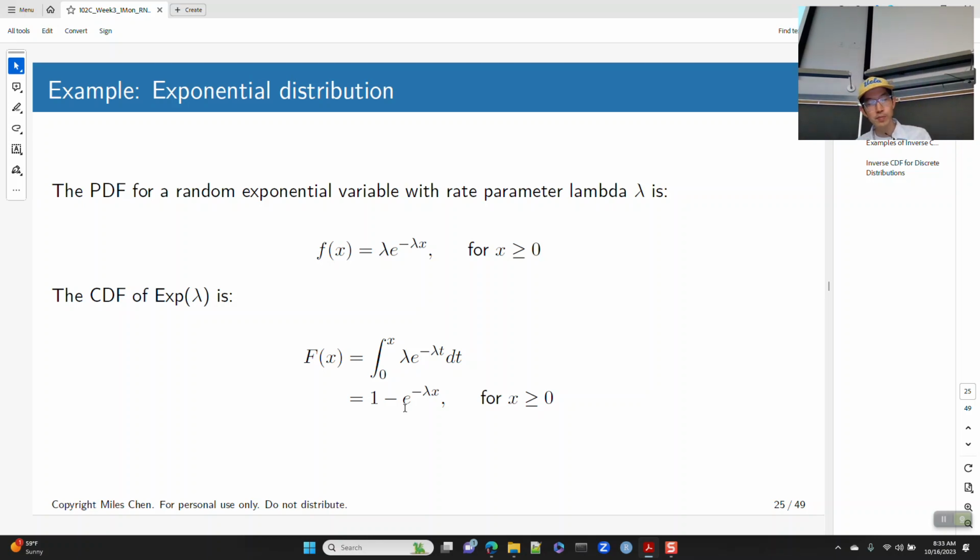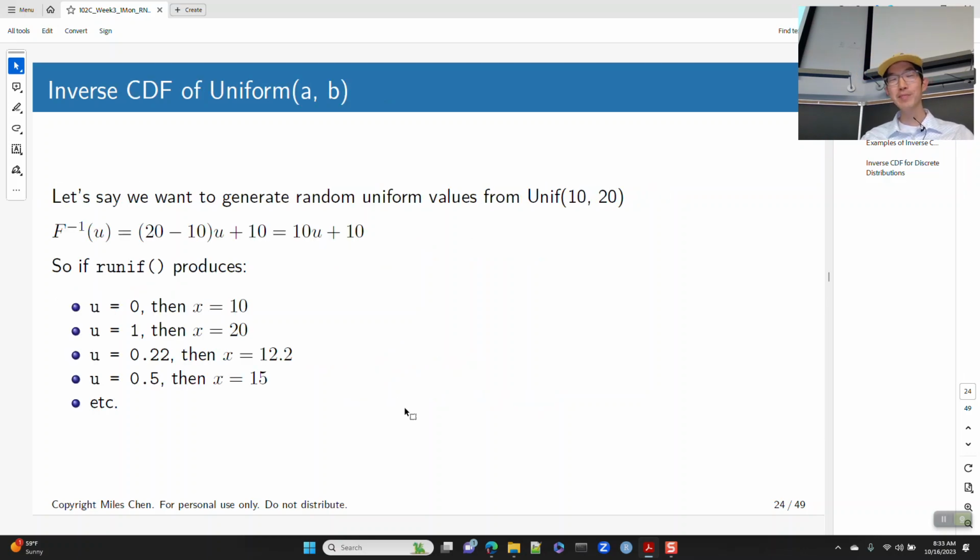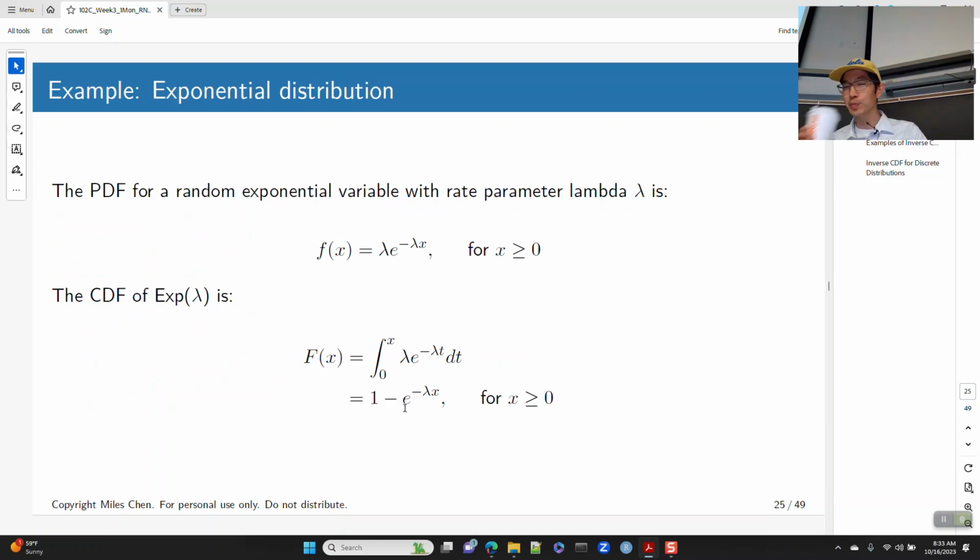Okay, let's try for a different one. All right, is that okay? Random uniform, inverse CDF. All right, let's try for an exponential. So an exponential distribution, this is the PDF, right?